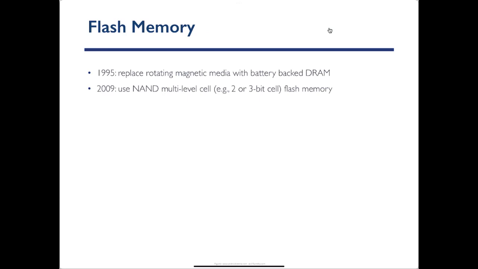We put a battery to always keep it on. Later on, almost a decade later, we started using NAND cells to store different numbers of bits in a single flash cell, sometimes 2 or 3 bits in a flash memory.